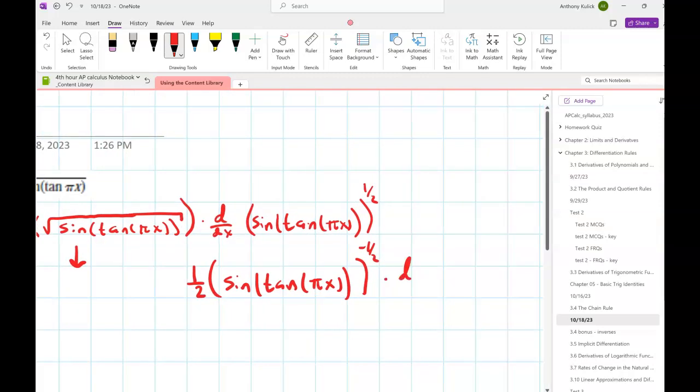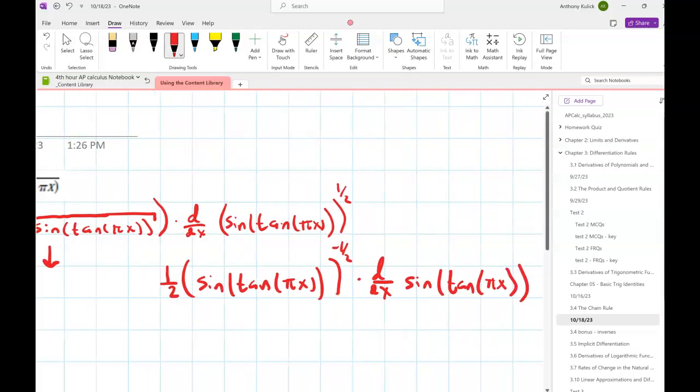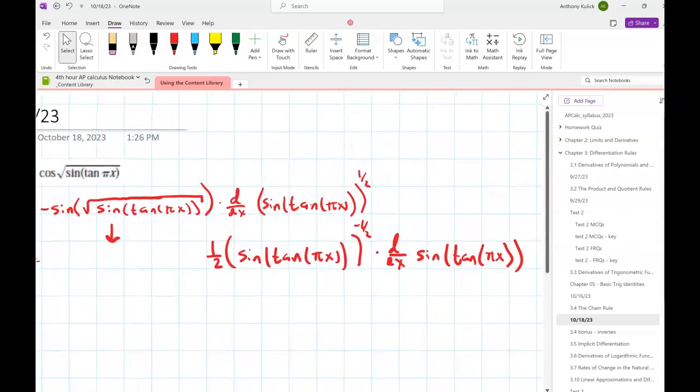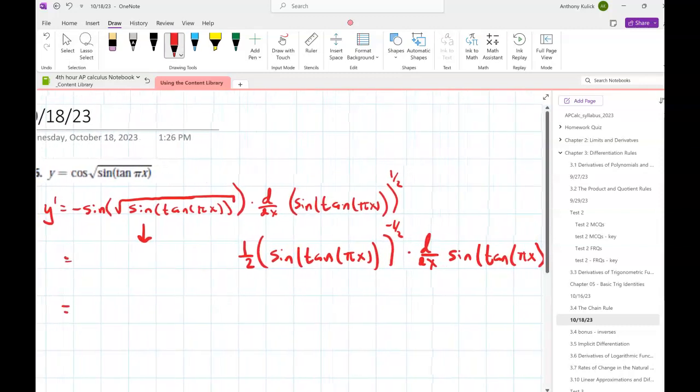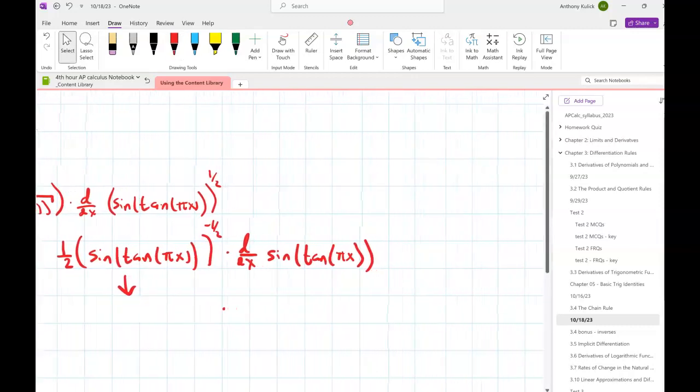And then I have times the derivative of the innards. So again, that part's going to come down, that part's going to come down. And now I need to do the derivative of sine of tan of pi x.